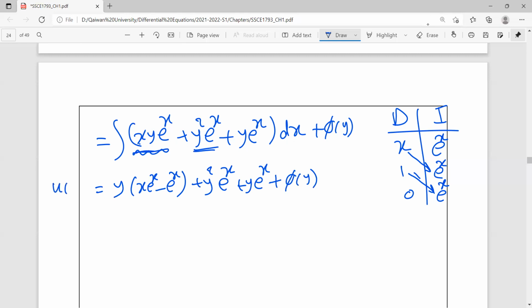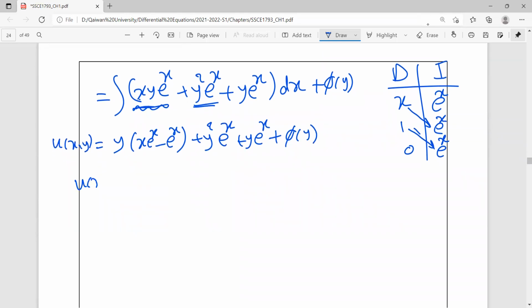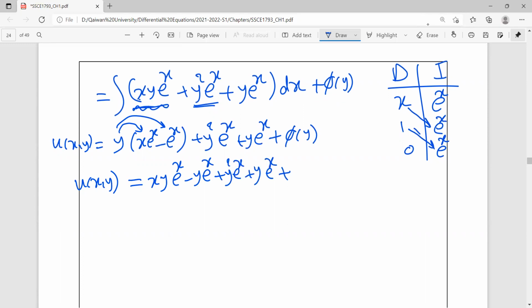What is this? This is u of xy. That means u of xy equals, and here we have y multiplying by this and that. We get xy e^x minus y e^x plus y squared e^x plus y e^x plus phi of y.